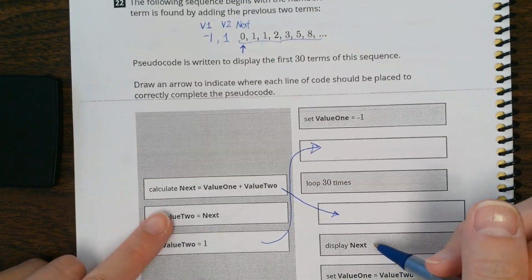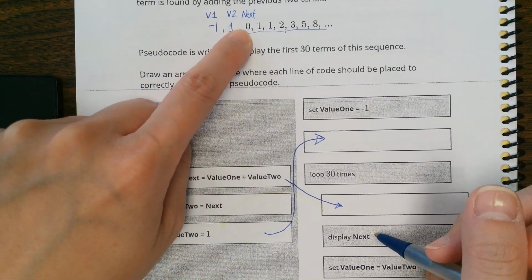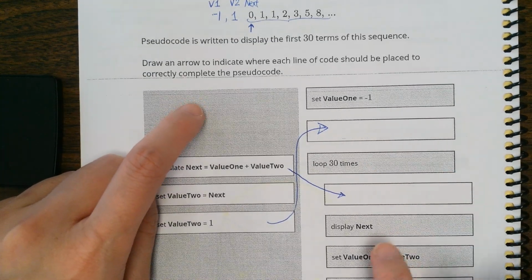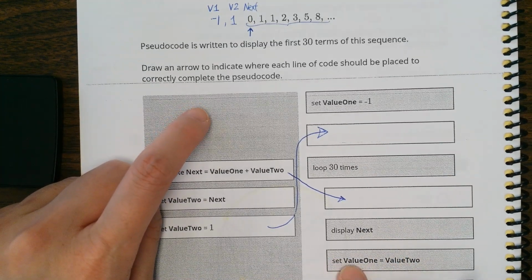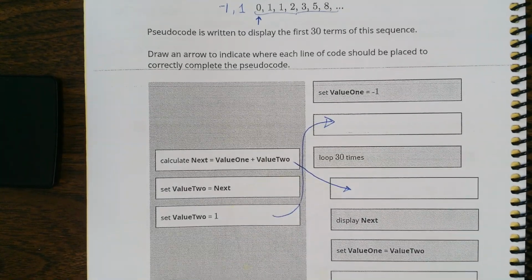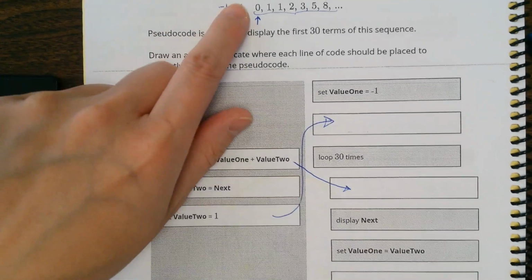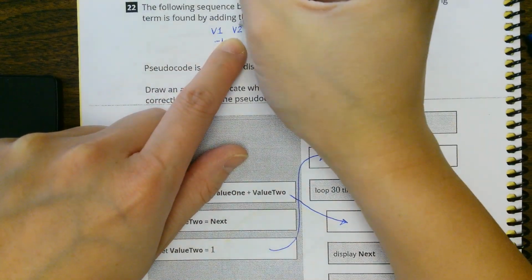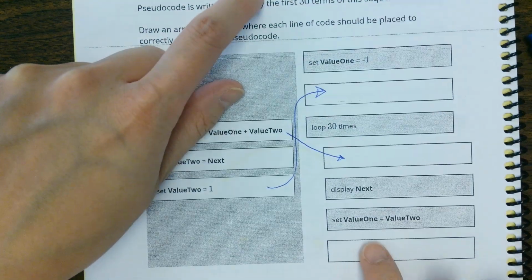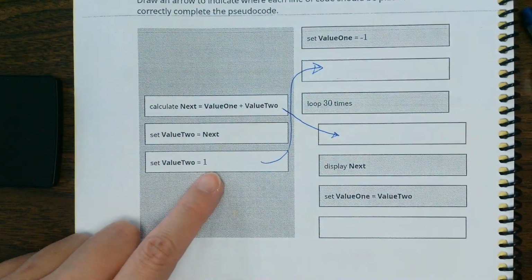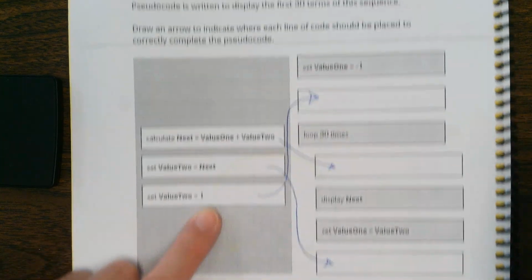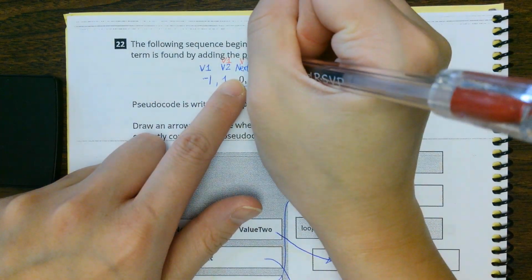They're going to display next, which is they displayed the 0, and then because they're looping it 30 times, they're now going to reset those values. So now value 2, V2, they're going to call V1, and they're going to call next value 2.